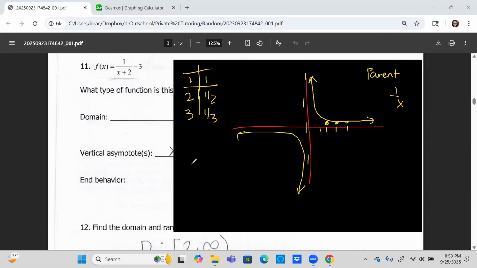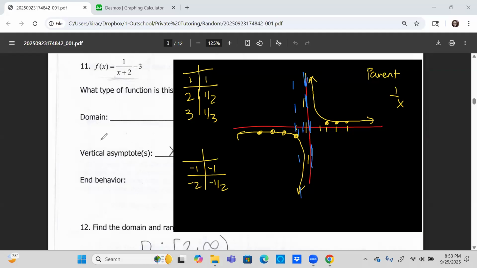And then if you did negatives, 1 over -1 is -1. 1 over -2 would be -half. And then -third, -fourth. Okay, that's the parent. But ours went down 3 and left 2. So we have a vertical asymptote right now of 0, but go left 2.